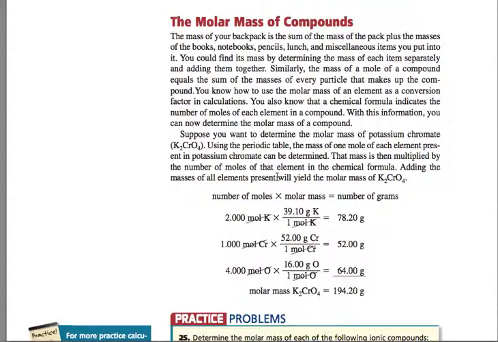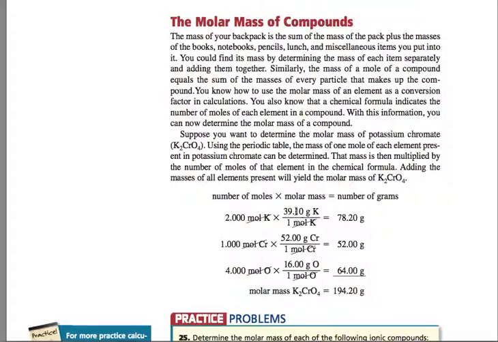Adding the masses of all of the elements present will yield the molar mass of K2CrO4. So I have 2 K, and I have to find the molar mass of potassium. The molar mass of potassium is 39.10 grams. And where did I know that information from? The periodic table tells me that.